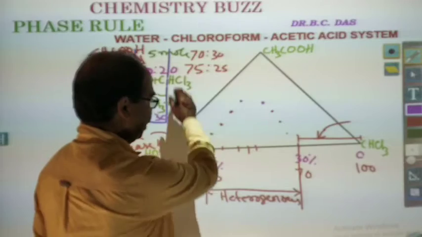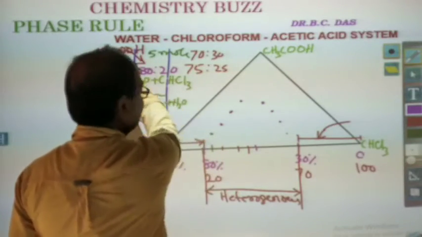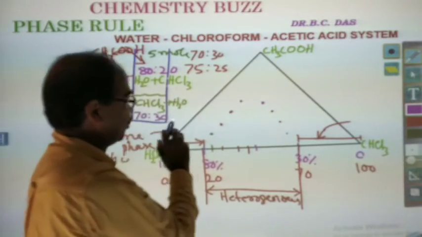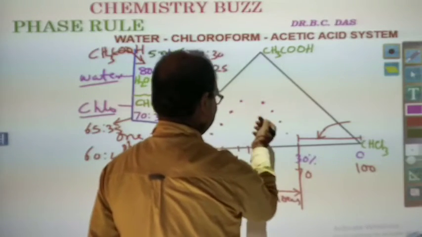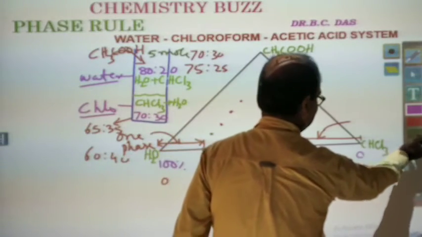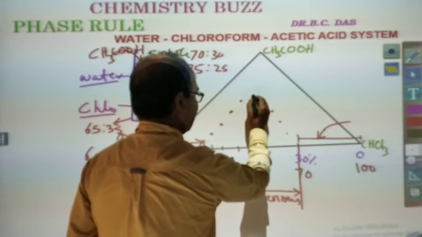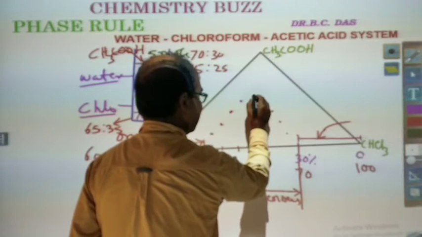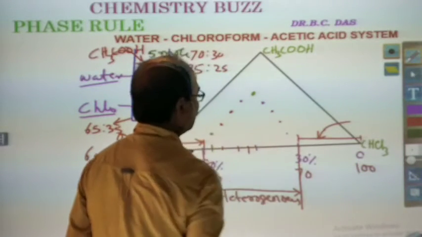Okay, when two layers are separated, then we have to add some more acetic acid to it. When we have added some acetic acid, the two layers disappear and it becomes homogeneous.